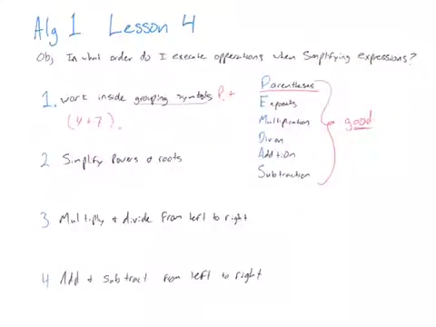Another type of grouping symbol that a lot of times people miss is the division bar. If you have 4 plus 6 divided by 2, this is actually grouping the top together, saying add 4 plus 6 before you divide by 2. So that is also a grouping symbol.